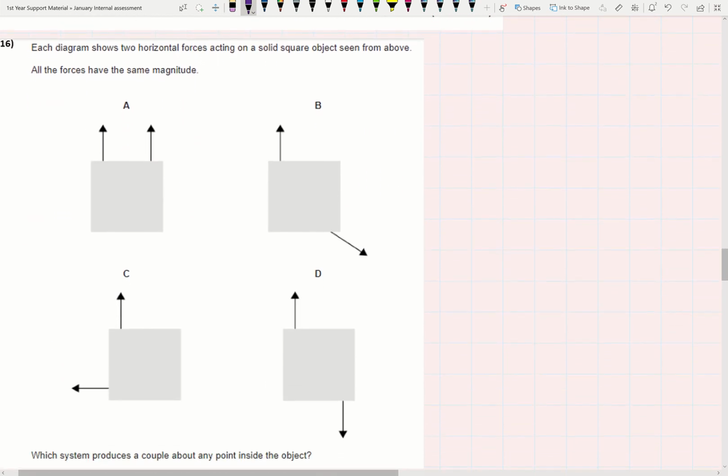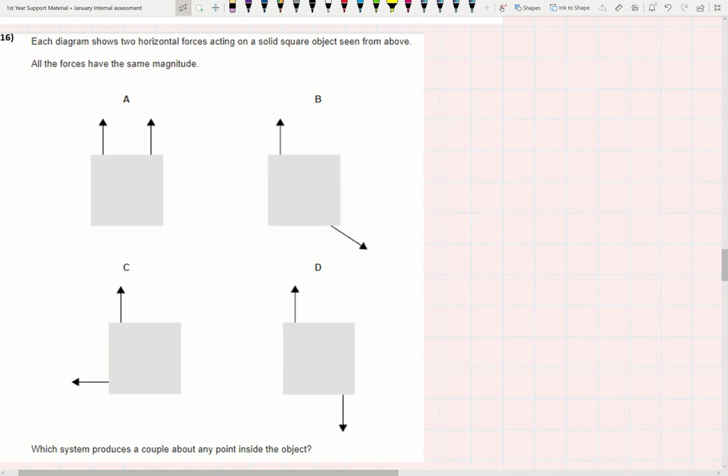So for question 16, I'm looking at a solid square object seen from above. All the forces have the same magnitude. Which system produces a couple about any point inside the object? So let's just pick the middle because that's easy.